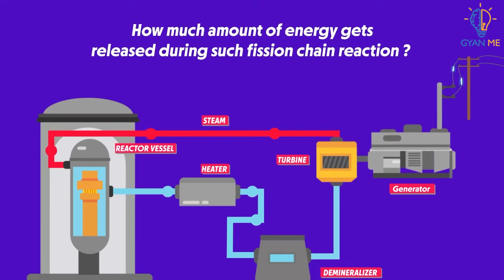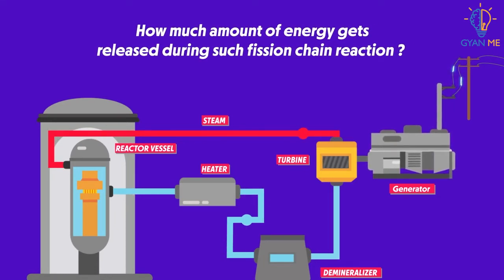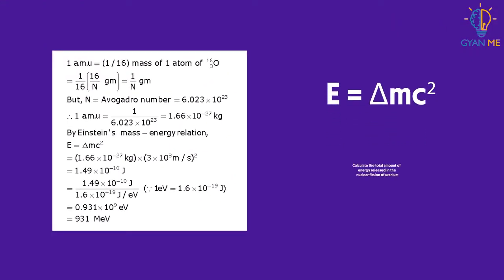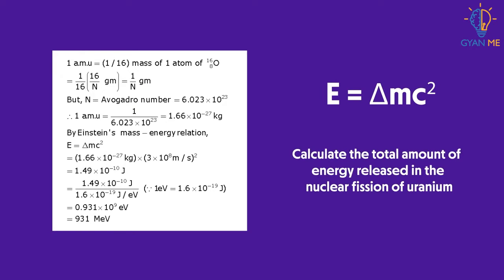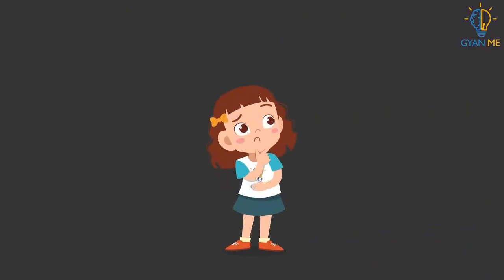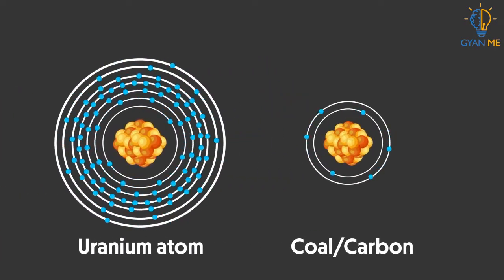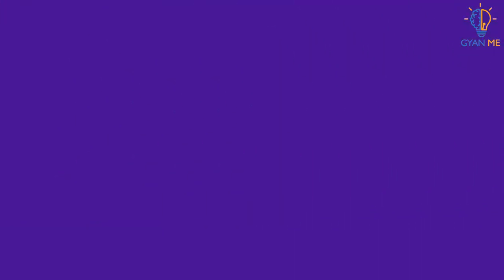Now, let us see how much amount of energy gets released during such fission chain reaction. Using Einstein's equation, scientists calculate the total amount of energy released in the nuclear fission of uranium. You will study this calculation in your higher classes. To get an idea of the incredible power inside a uranium atom, let's compare it to the coal, which is one of the traditional carbon-based source of energy.